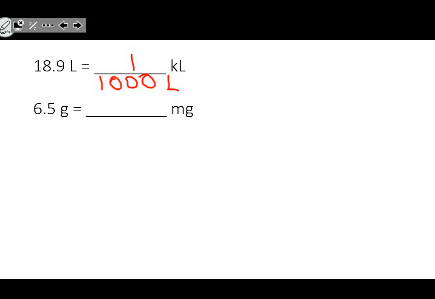So 18.9 divided by 1,000 equals 0.10 kiloliters. All right, last but not least, we're going from grams to milligrams.